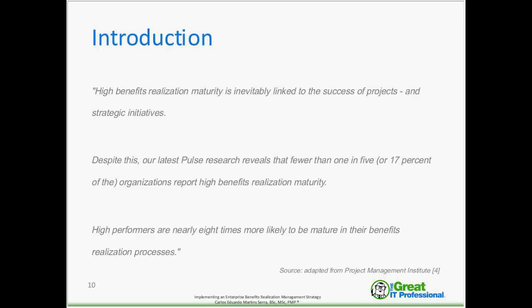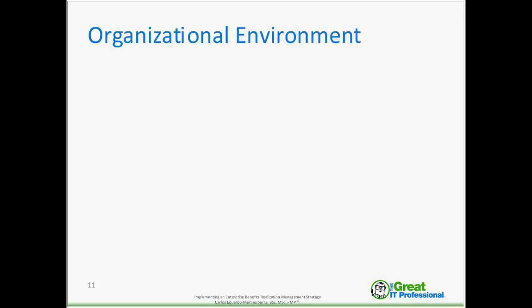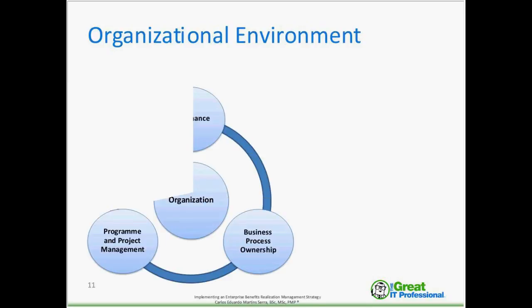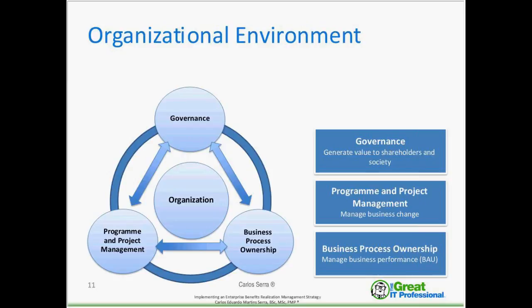So we need to map our organizational environment so that we have 3 key functions working in alignment to turn the business strategies into reality. The 3 key functions are composed of a number of roles that I will mention later on in this presentation. It is important to say that governance ensures that any investment made by organizations generates value to shareholders and society.